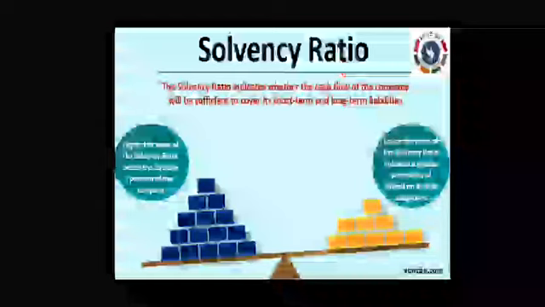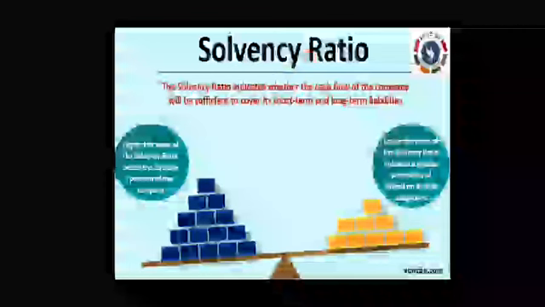The company has sufficient funds to meet its obligations. If the solvency ratio is low, the company doesn't have funds to pay its debt. To know about the cash flow, we are preparing solvency ratio.